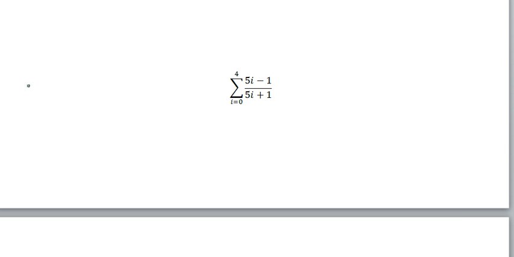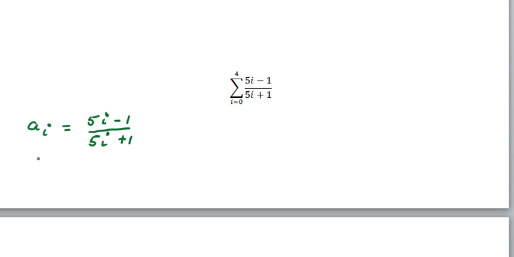So in this case, our sequence is a sub i with the general term (5i minus 1) over (5i plus 1).